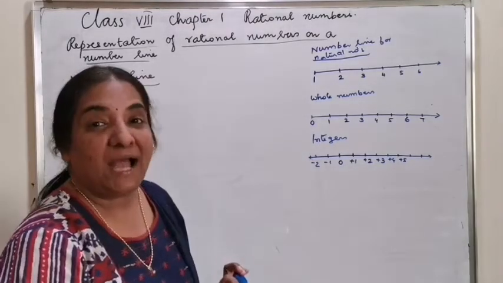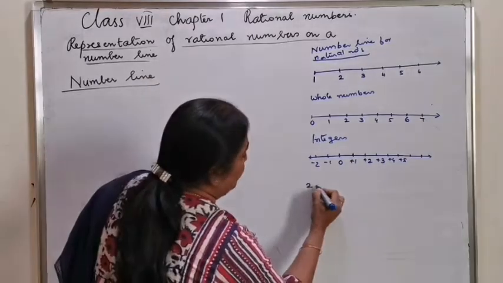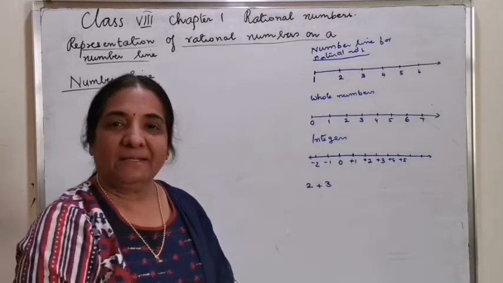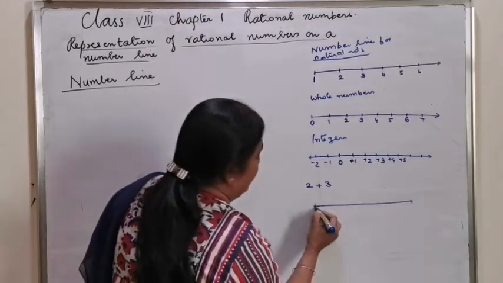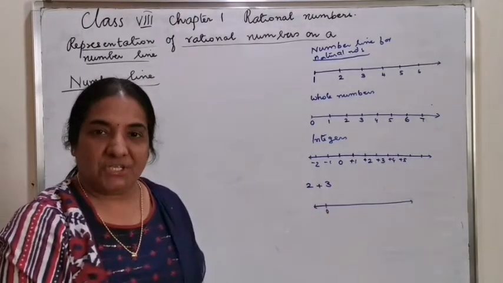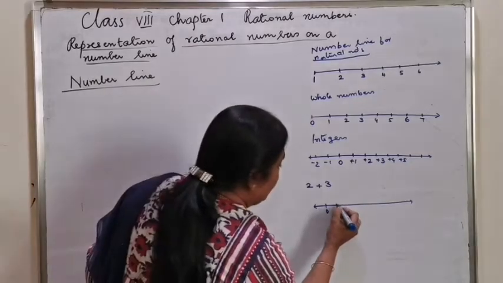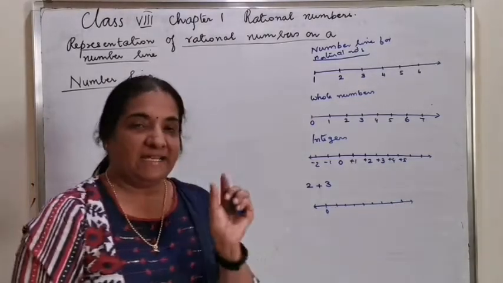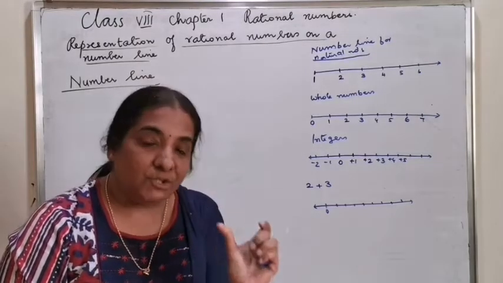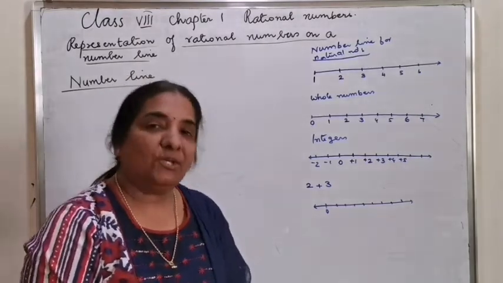Let's see how to add 2 plus 3 on a number line. You have learned to draw a number line, fix a point 0, and take equal distances. The main logic on a number line is that the distance between the units has to be equal.